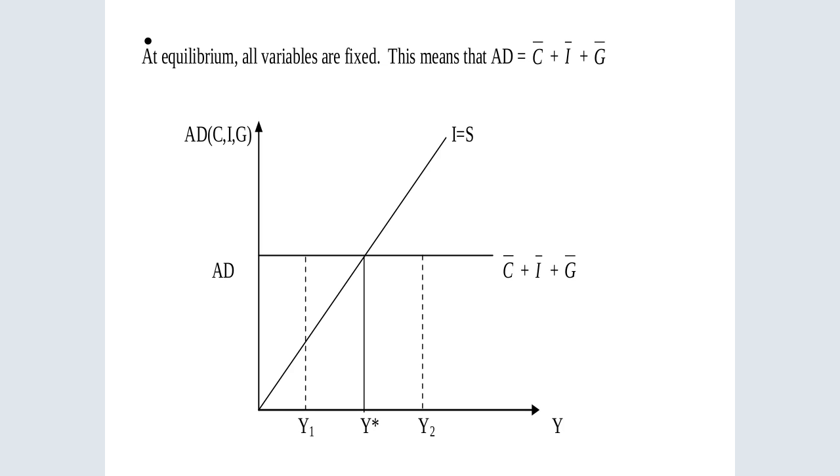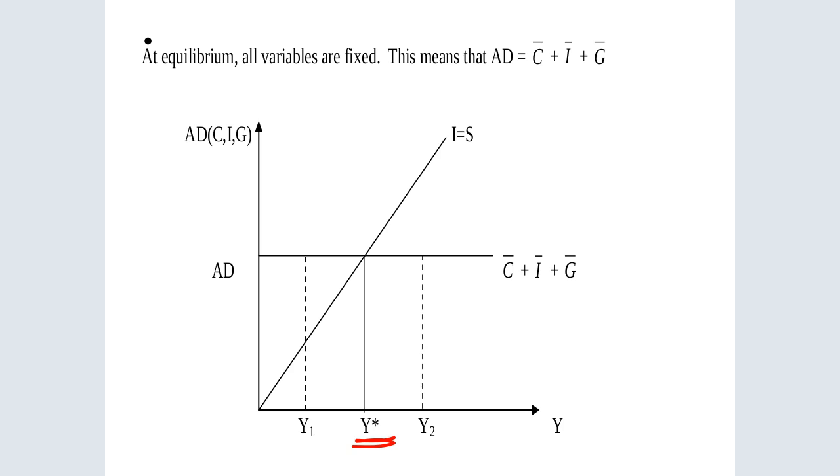Now, at equilibrium, all variables are fixed. This is the equilibrium point where the aggregate demand function cuts the IS curve. At this point we have Y star, and consumption, investments, and the government expenditure are fixed.